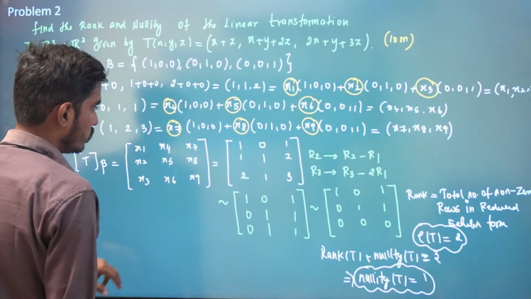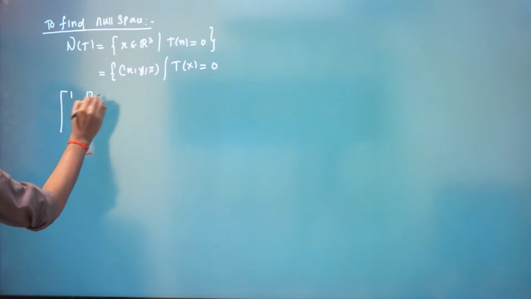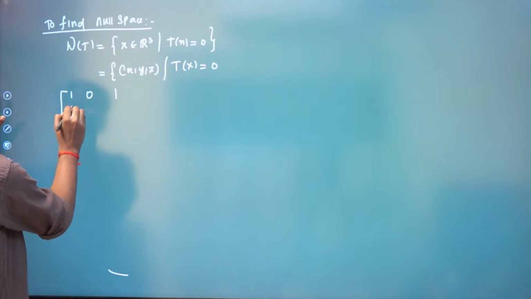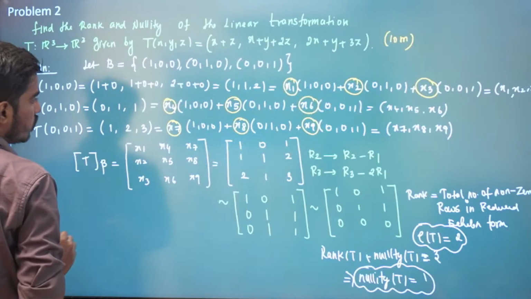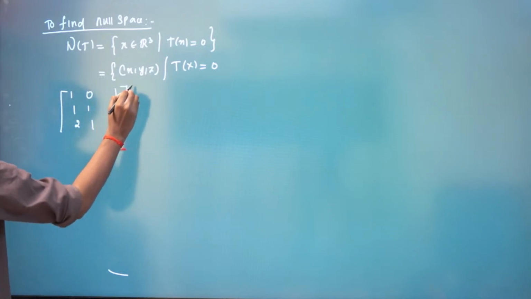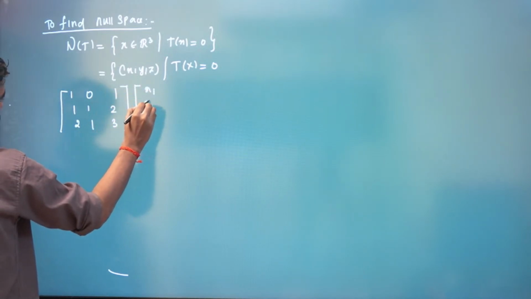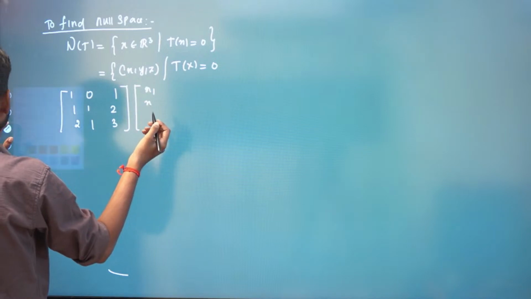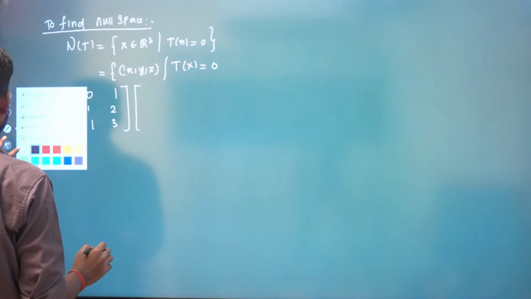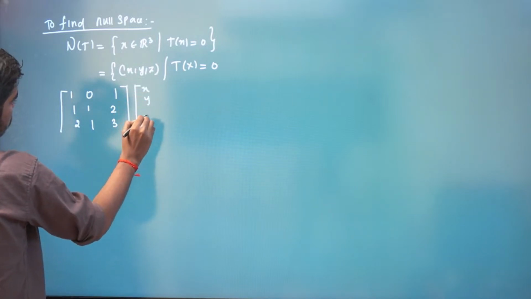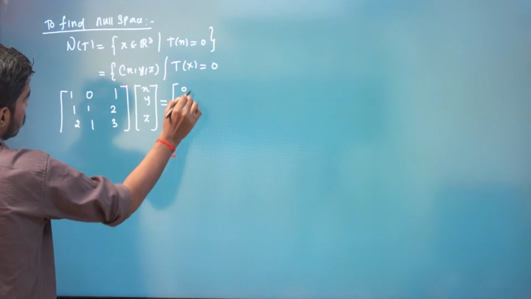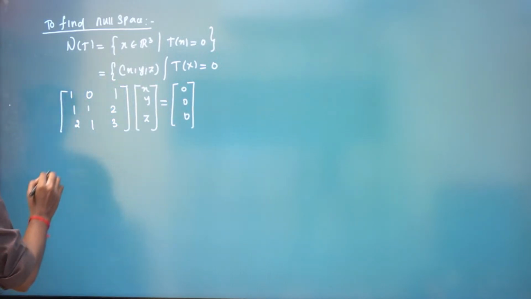So what is our T? Our T is 1, 0, 1, 1, 1, 2, 2, 1, 3, applied to x, y, z, which is equal to 0, 0, 0.